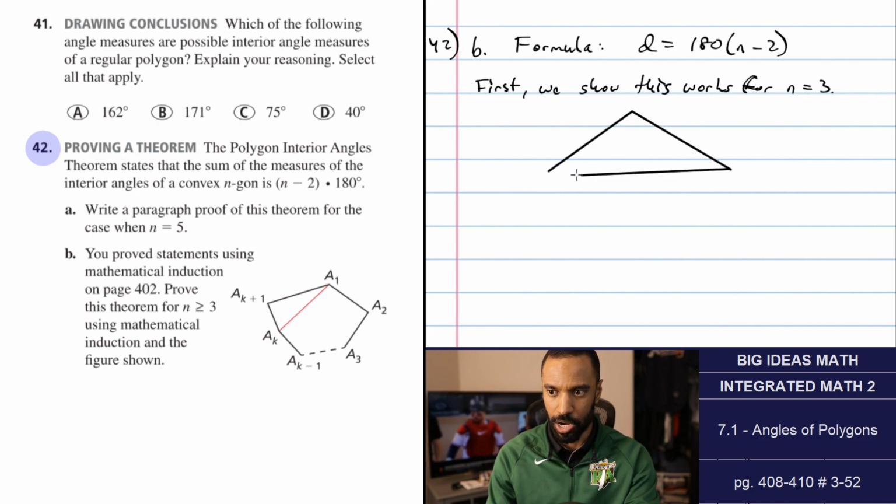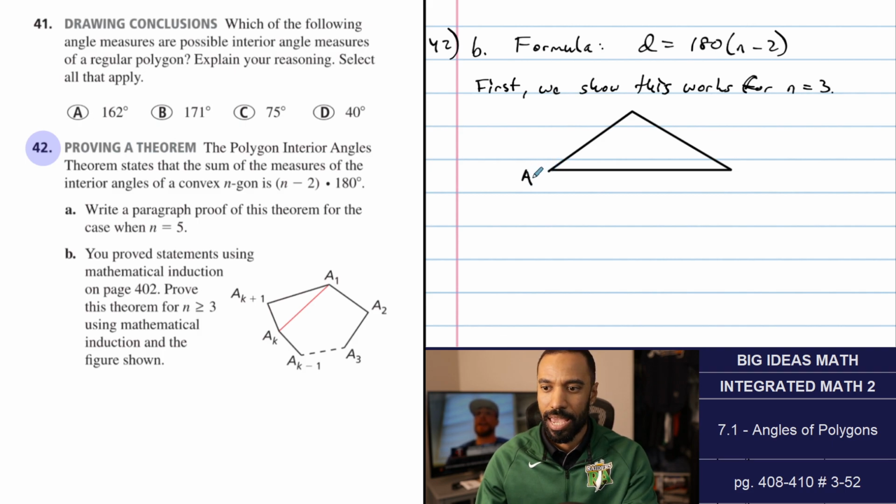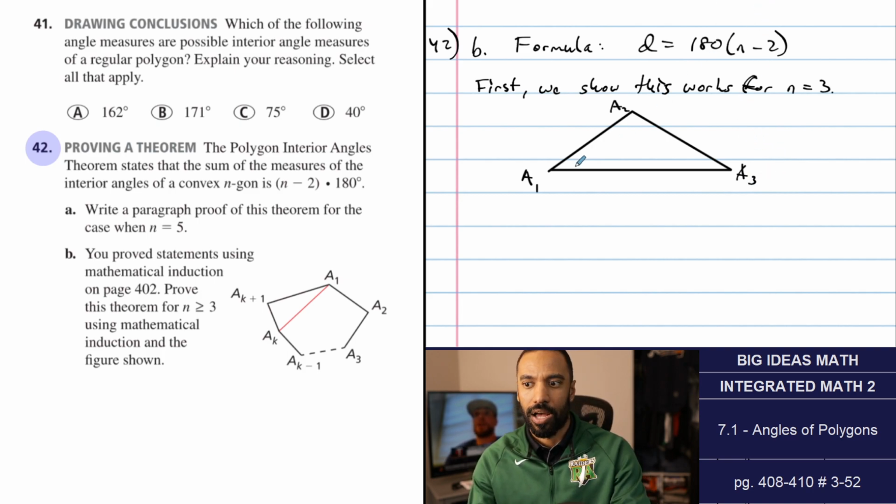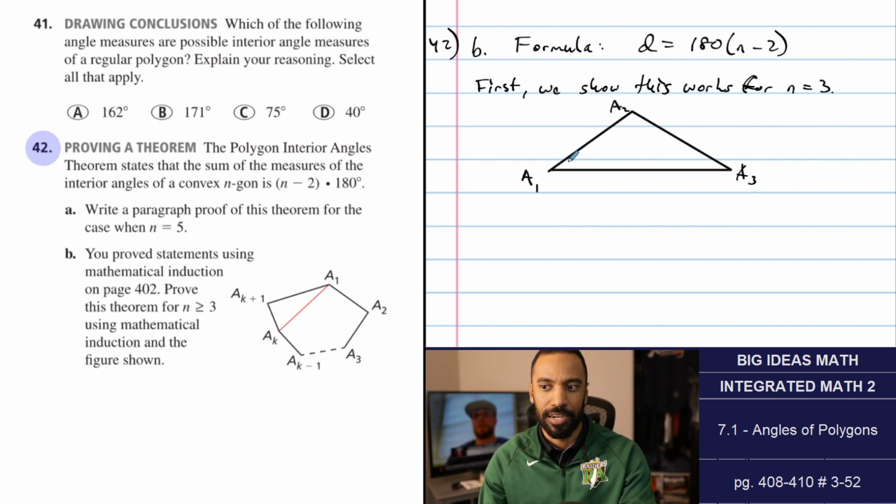So let's start with something like that, where we have a sub 1, a sub 2, and a sub 3. For this to work, we will draw all diagonals we can to non-consecutive sides from one vertex. I can't draw any of them. There aren't any. They're all consecutive sides. A sub 1 is a consecutive vertex with a sub 2, and with a sub 3, so you can't do anything with that.